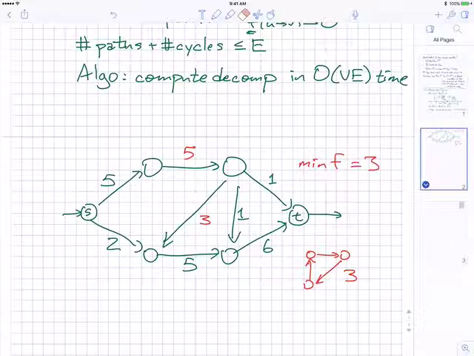So what is the first thing that you do to a graph that doesn't have any cycles in it? Topological sort. So what you do is you try to topological sort the graph, and it doesn't work because you find a cycle. And you want to do topological sort anyway because the next stage of the algorithm, if I'm in this state where there is no cycle in the graph anymore, it's a DAG.